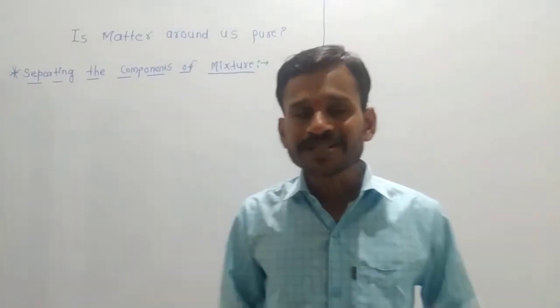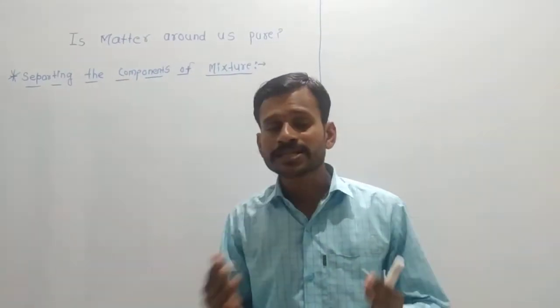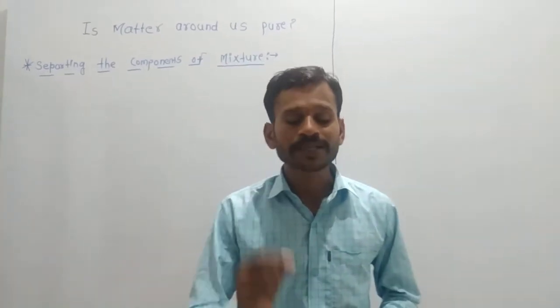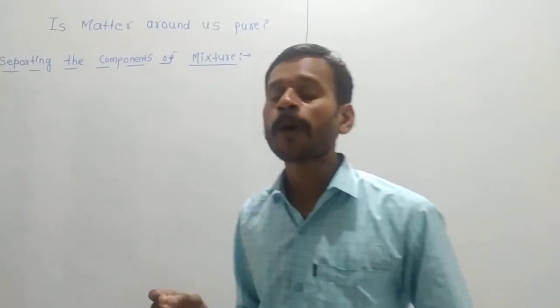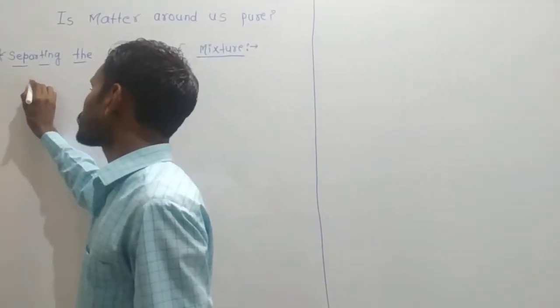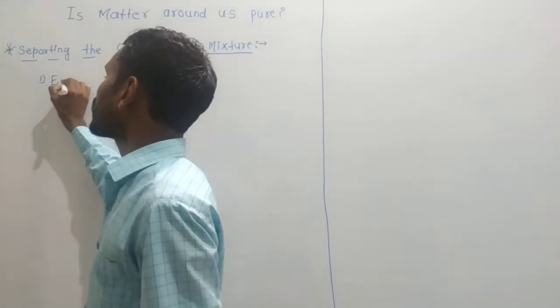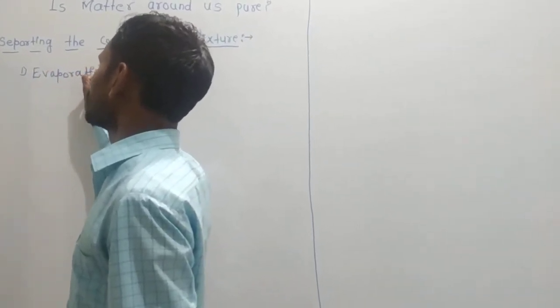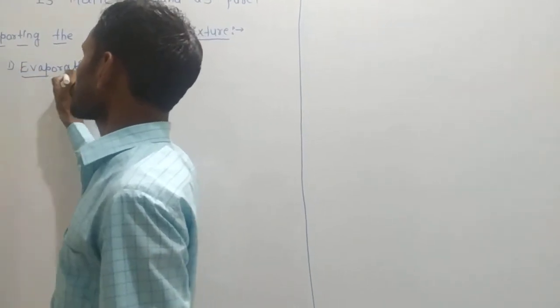Firstly, in separating the components of a mixture, the first method we have to study is evaporation. What is our first method? Evaporation. It is a method of separating components.